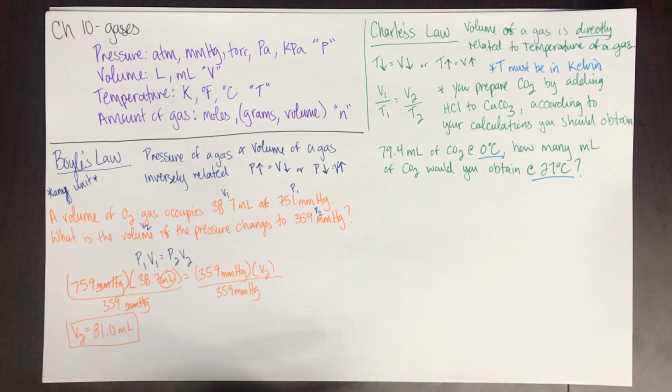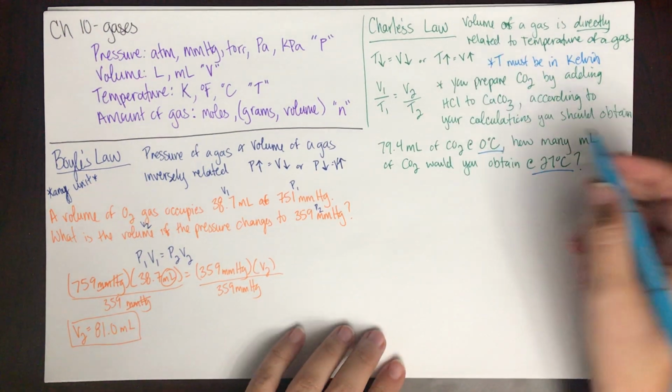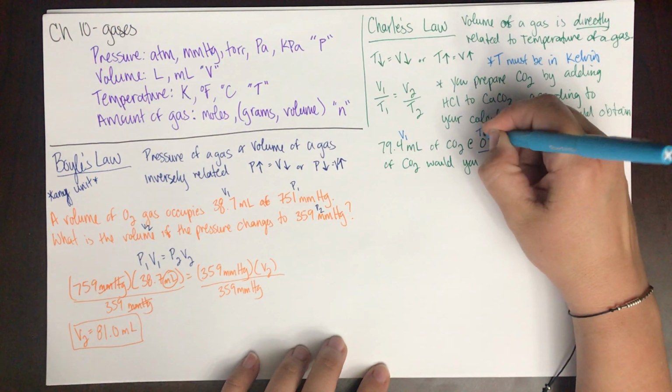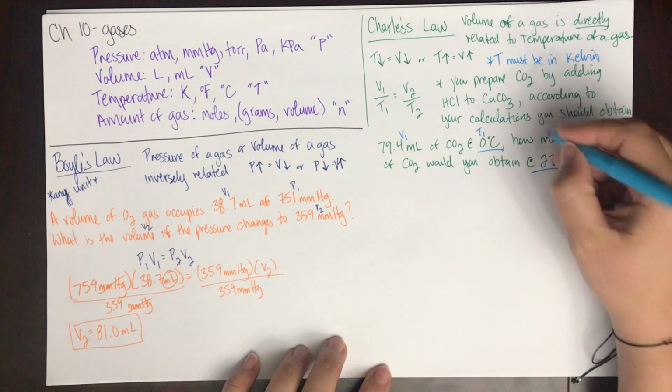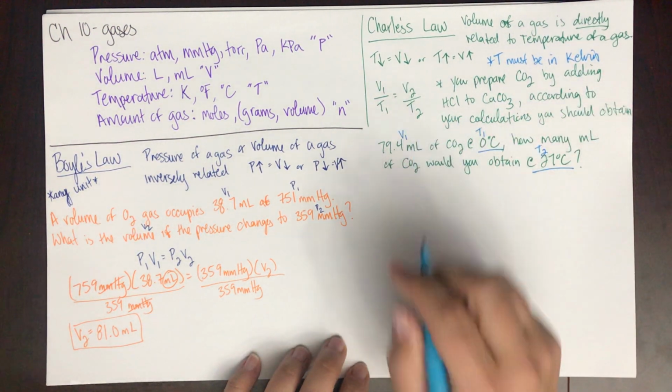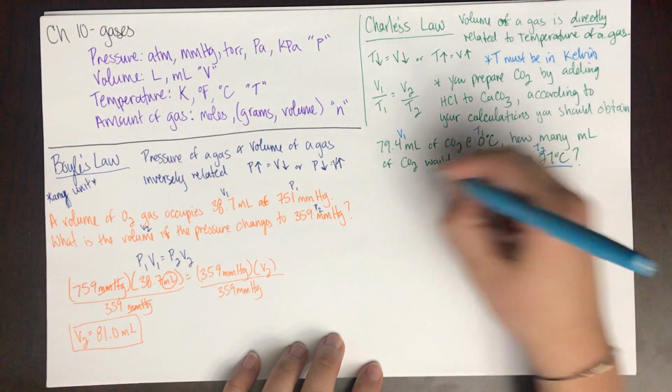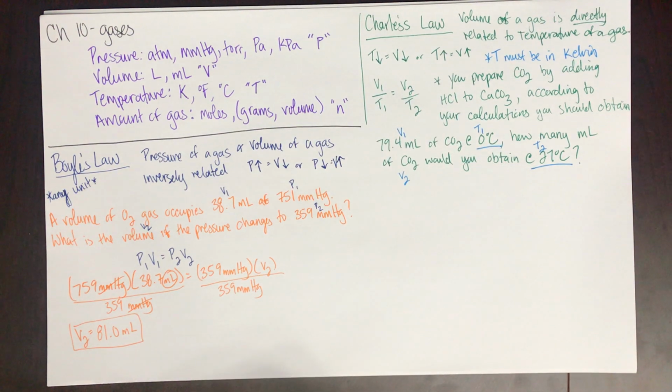We're going to need to convert that to Kelvin before we can use this equation. But the same thing, we are given V1, we are given T1, which we need to convert, and we are given T2. So we're solving for V2. How many milliliters of carbon dioxide? Milliliters of carbon dioxide would be V2.